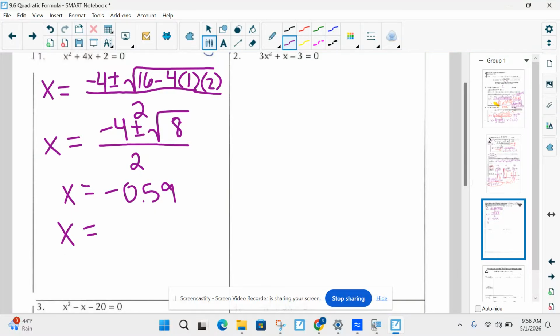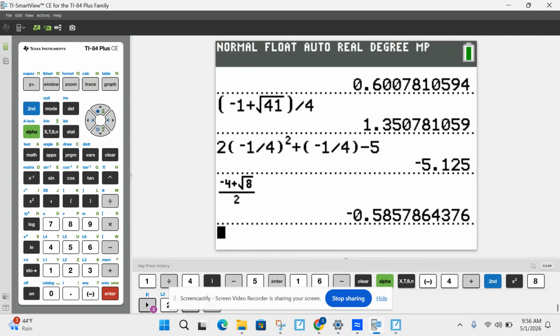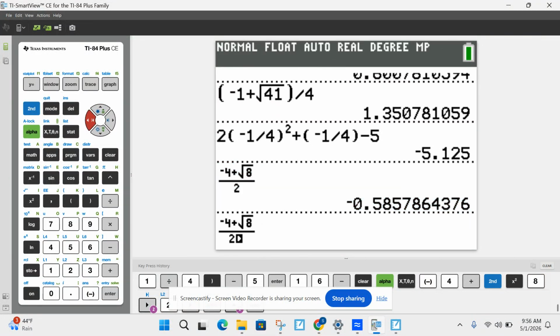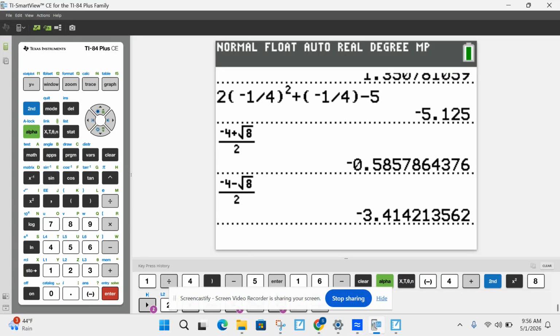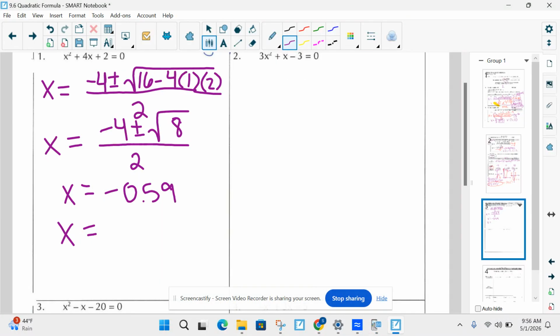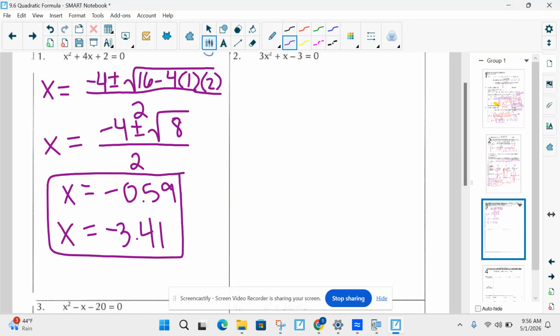Then I'm going to get my other solution. I change the plus to a minus, and I get -3.41.